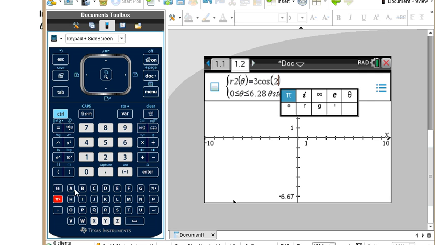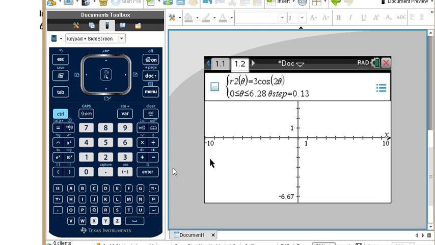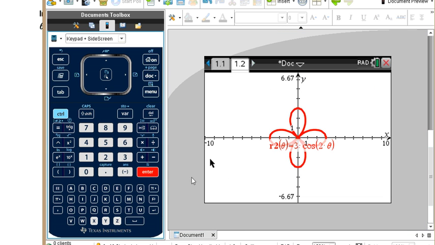And then get our theta. There we go. Graph. So we're going to get 4 petals, again twice this even number 2, the argument of 2 theta. And the petals are going to be maximum 3 in length.